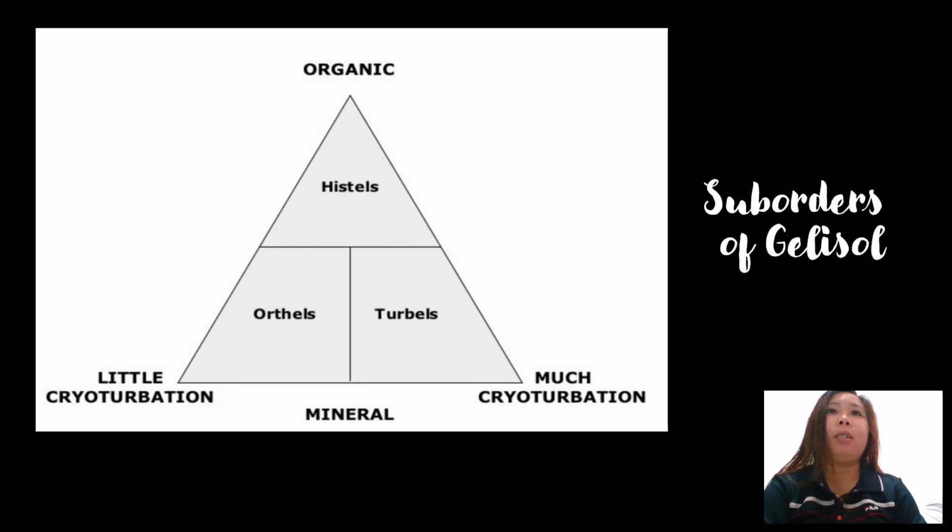Turbels have over one-third of horizons broken or distorted due to cryoturbation, and ice wedges are also common.